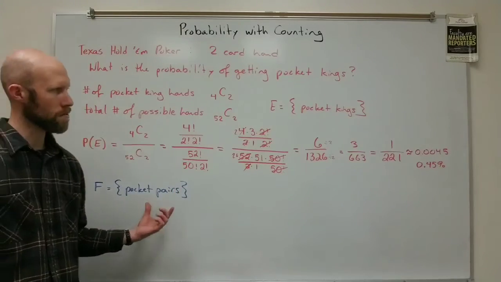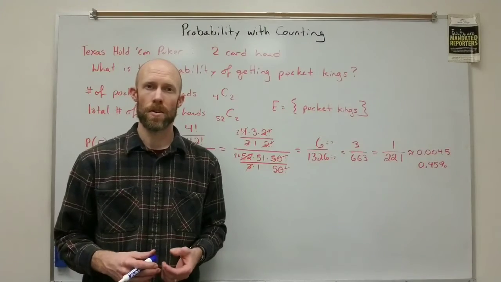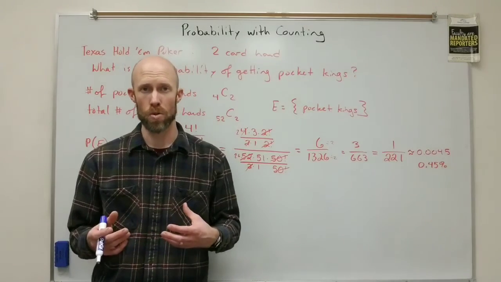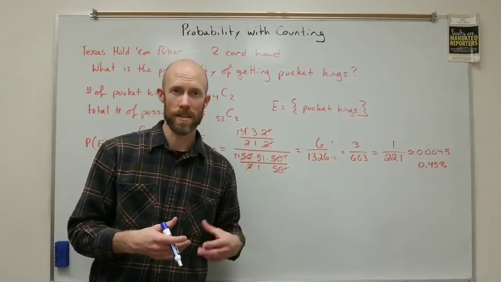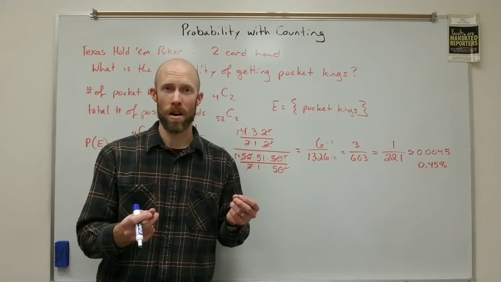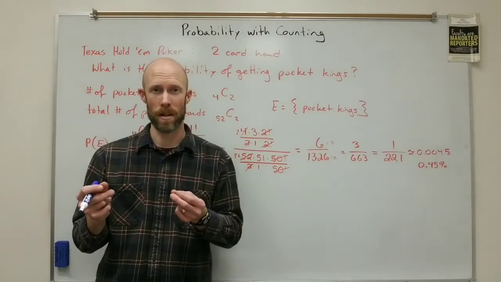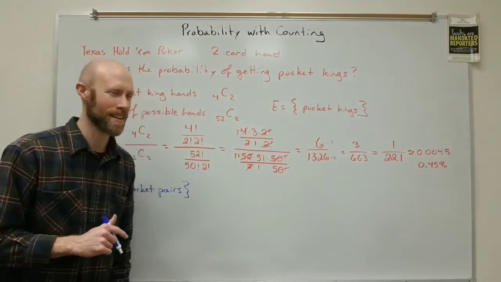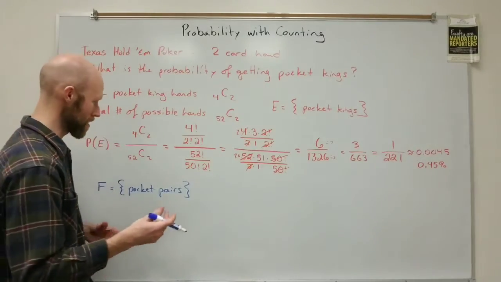What's nice about this example is that there are the same number of ways to get pocket 2s and pocket 3s and pocket kings and pocket jacks, everything. All the different pocket pairs are equally probable.